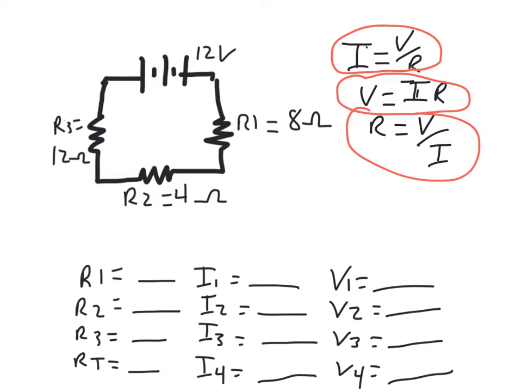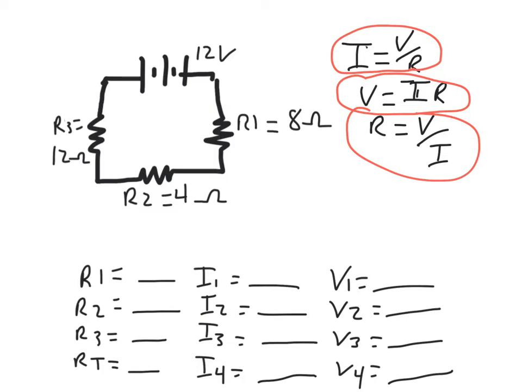We do remember that in a series circuit, resistance, voltage, and current are the three components we'll be looking at. So I wrote each of the formulas over here for us. Again, just Ohm's law. We know that current in a series circuit is the same, and we know that voltage is additive.